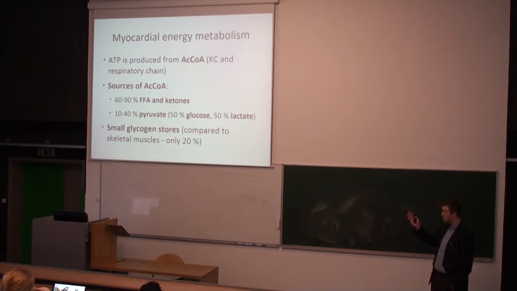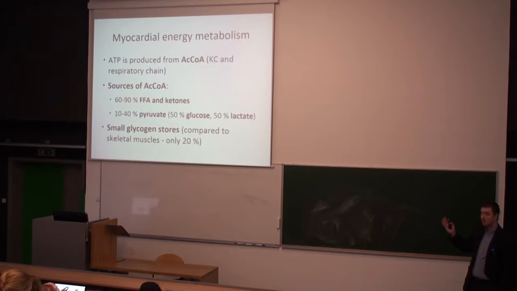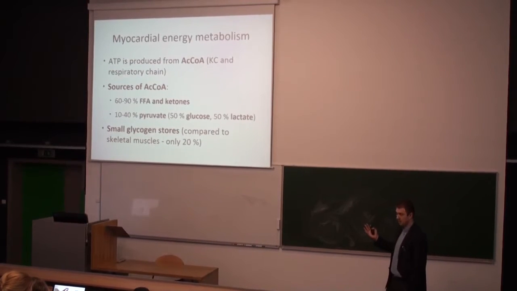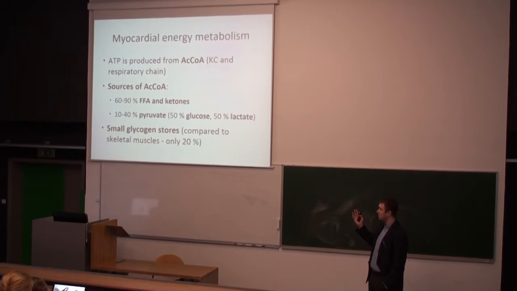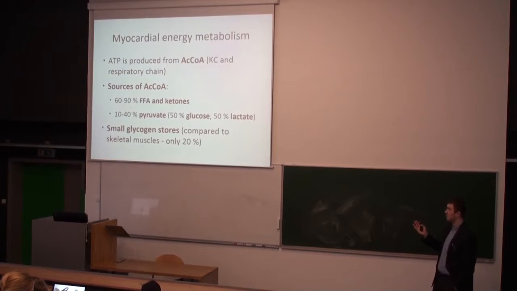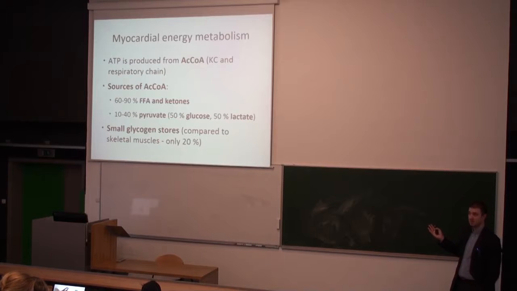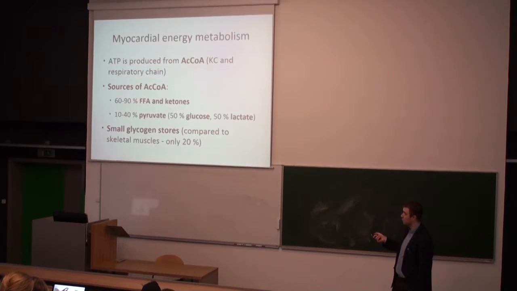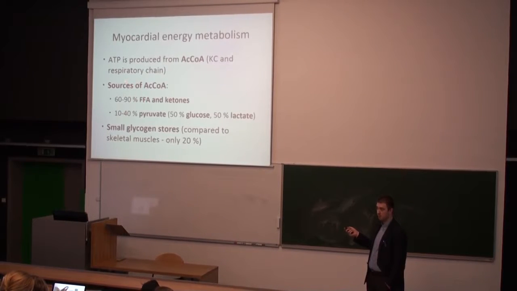It was postulated that if you have a normal condition of your heart, that's healthy, in normal activity, then around 60 to 90% of the energy is covered by fatty acids and ketone bodies. That means especially the fatty acids are the predominant source of energy.